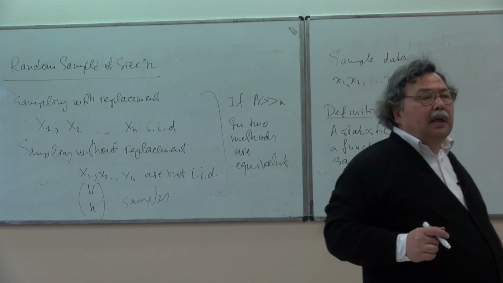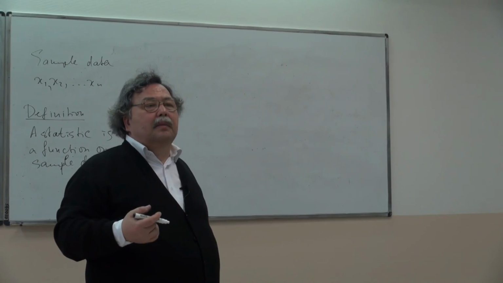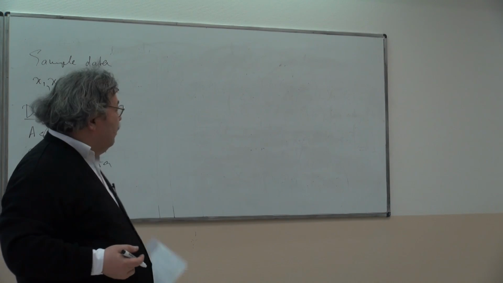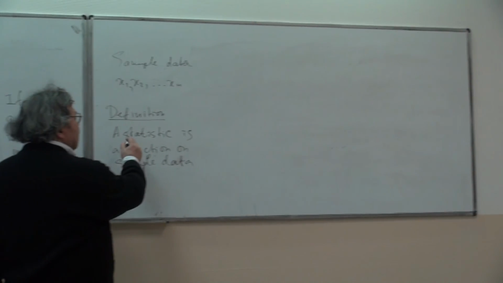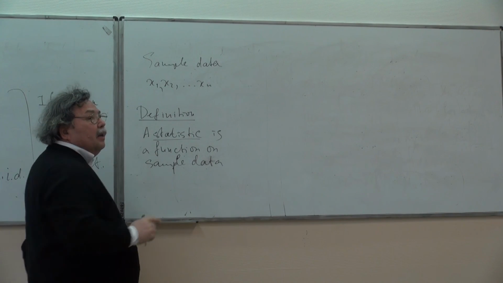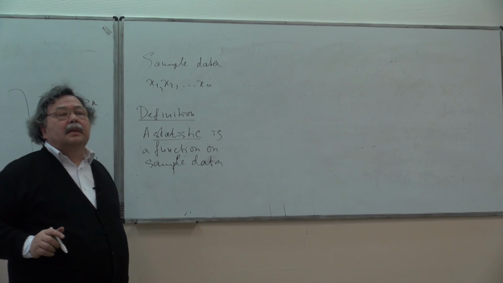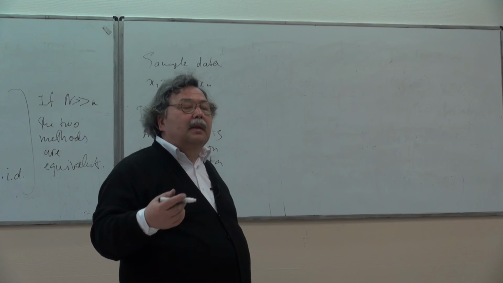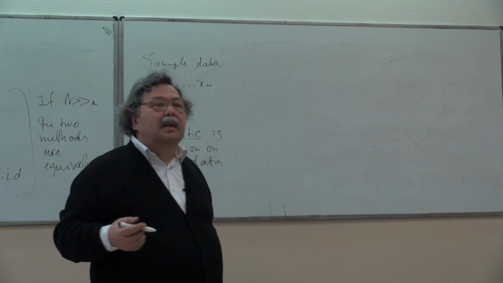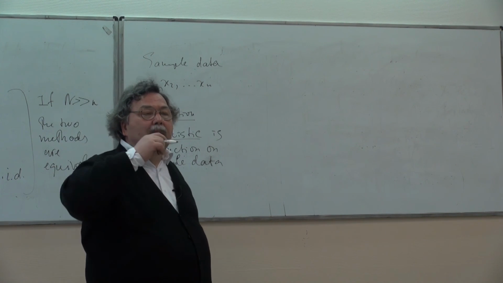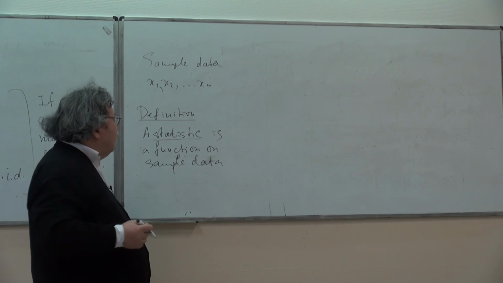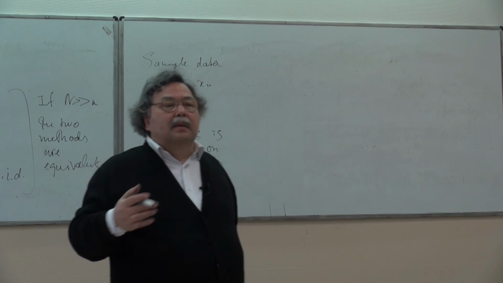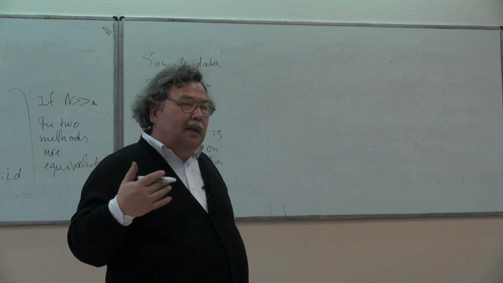Any function that we define on this sample data, formally speaking, is called a statistic. Please pay attention to this indefinite article here. Statistics is the name of the science. A statistic is a special term accepted in the science, and it denotes any function that we define on the sample data.